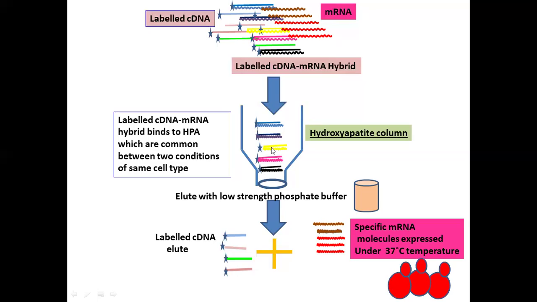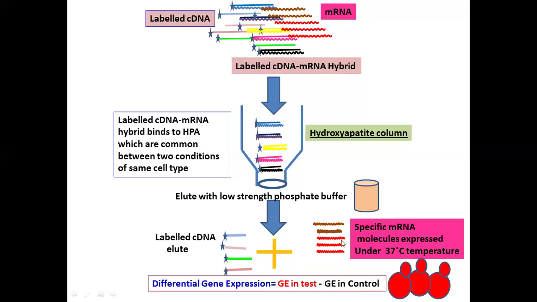So that is subtracted. By using the control cDNA molecule, we have subtracted the common mRNA molecules from the 37 degrees centigrade expressed genes or mRNA molecules.